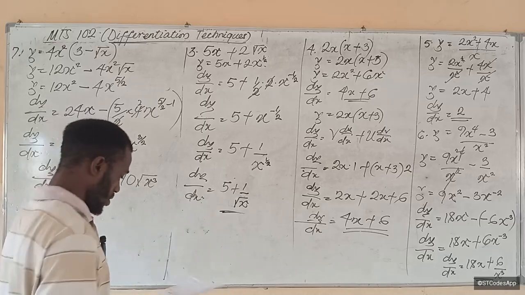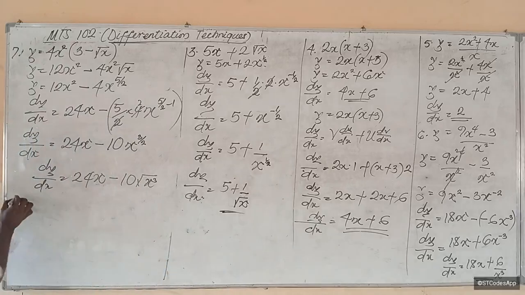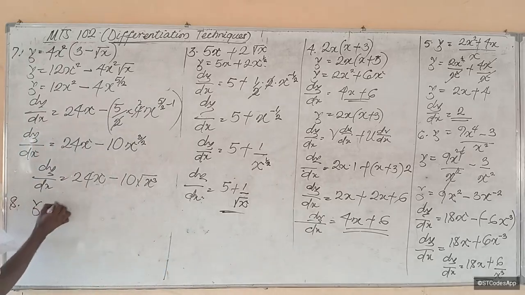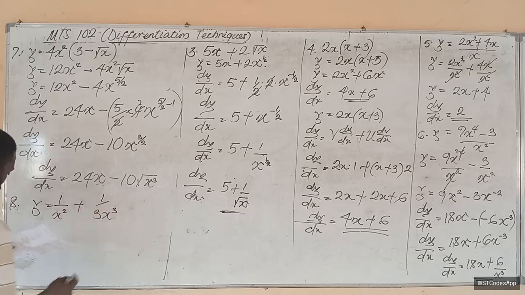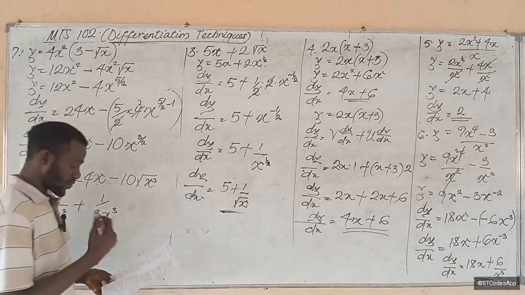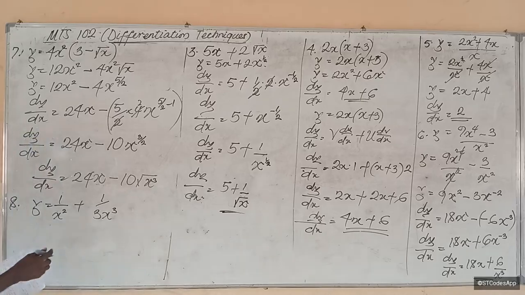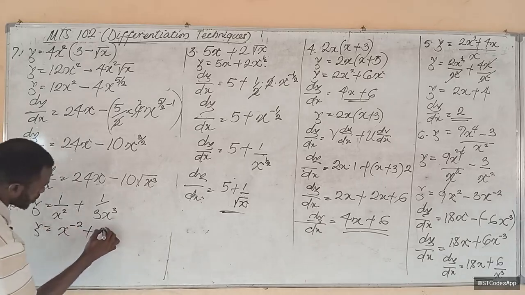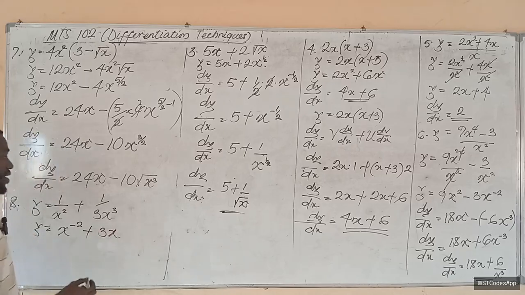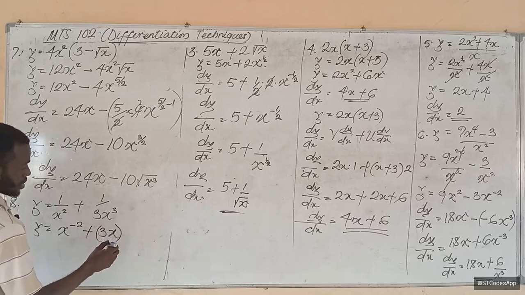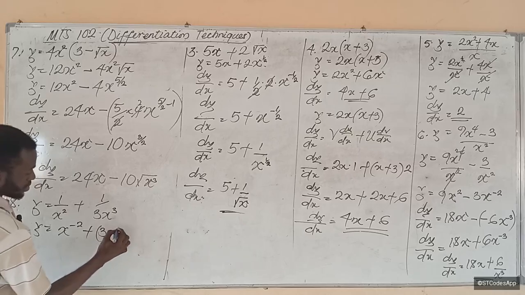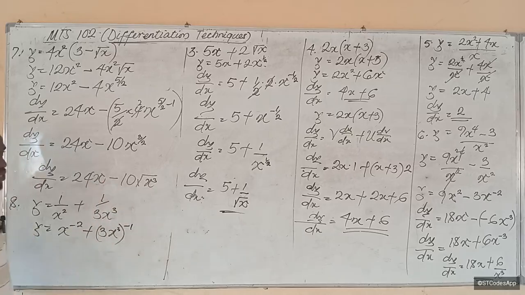Then number 8 says that y is equal to 1 over x squared plus 1 over 3x cubed. Okay? If you want to solve this, you can write y equal to x raised to the power minus 2 plus 3x cubed, everything raised to the power minus 1.